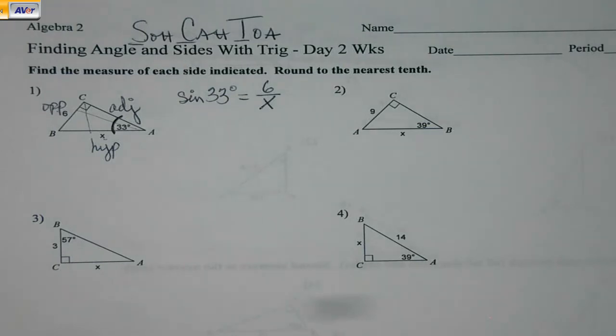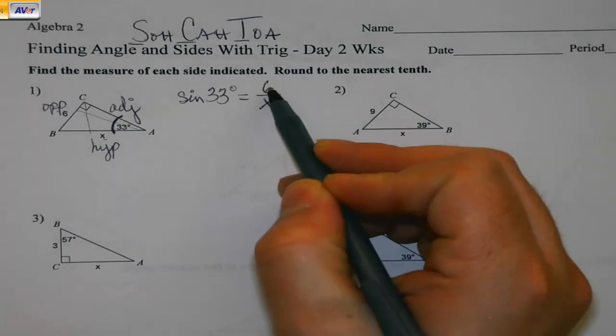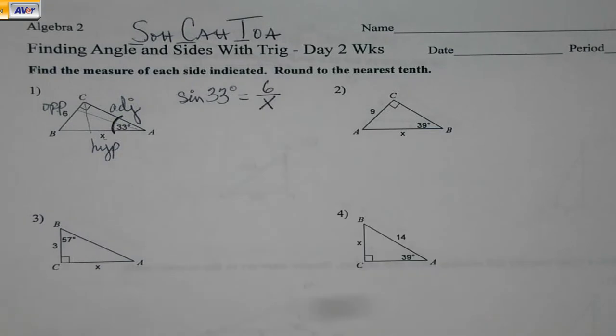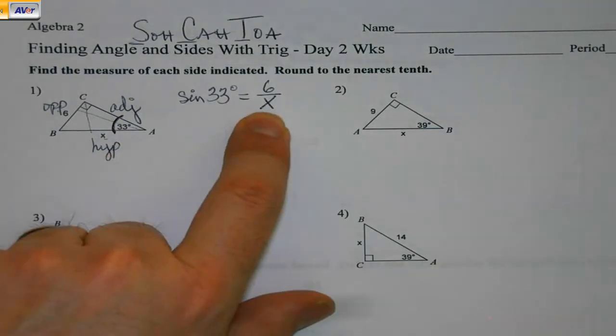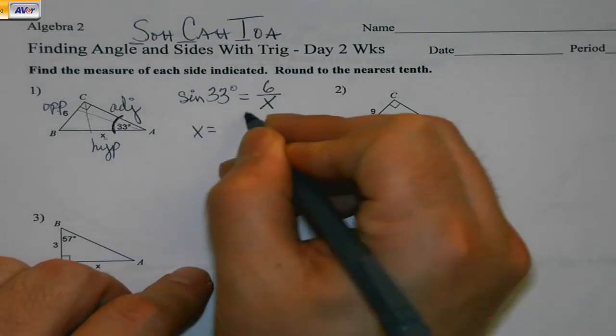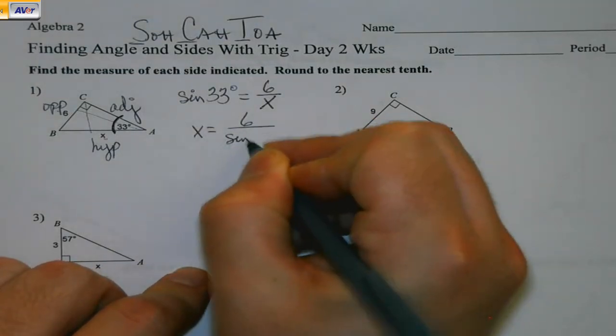And we talked yesterday about how I could work this out algebraically. It would take me a couple of steps, but there was a little pattern that we talked about. We said if x was on top of the fraction, we would multiply the number in the trig function. But if x was on the bottom, like it is here, we would divide by the trig function.